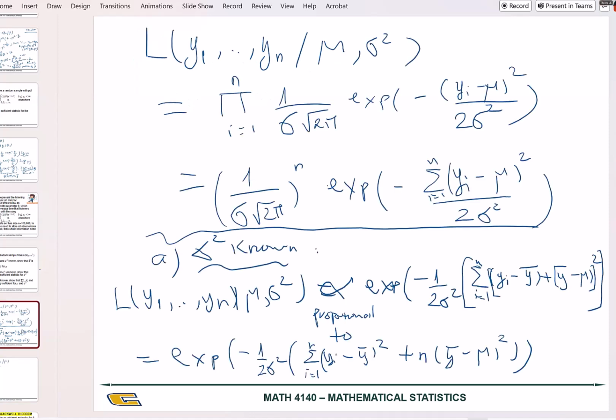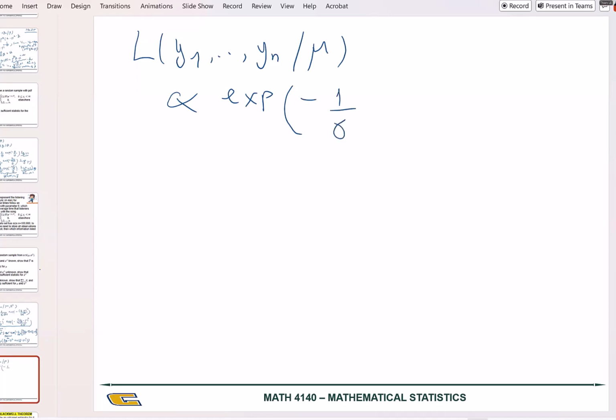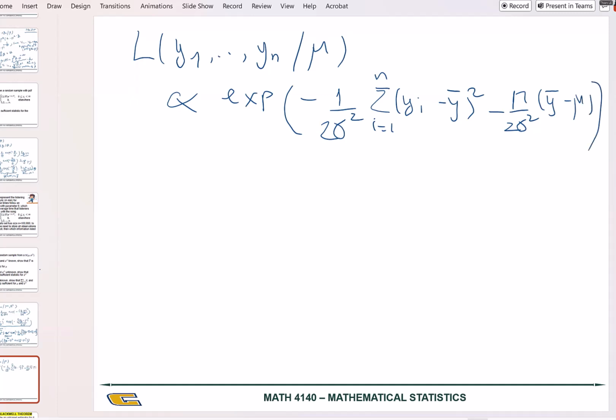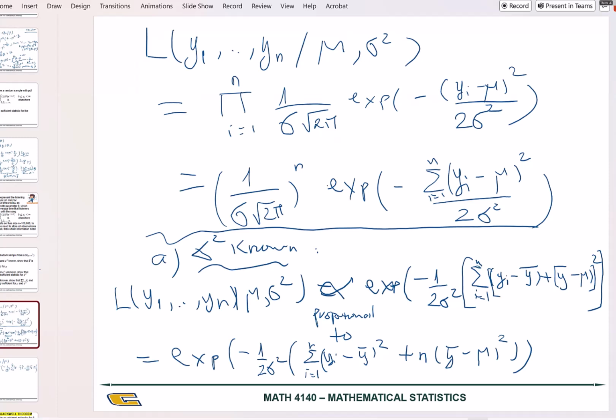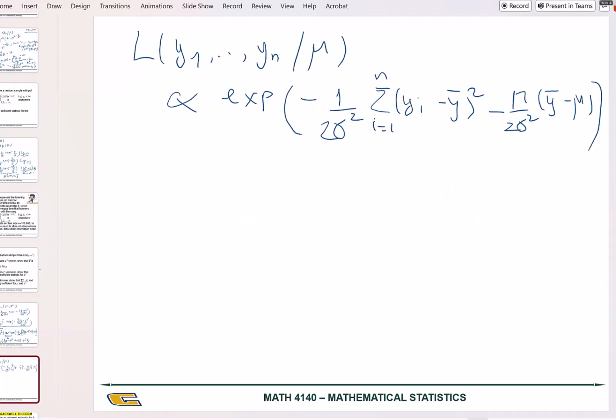I just rewrite this term, and you see how we separate them out: the summation of y i subtract y bar, plus n times y bar subtract mu, with 1 over 2 sigma square.